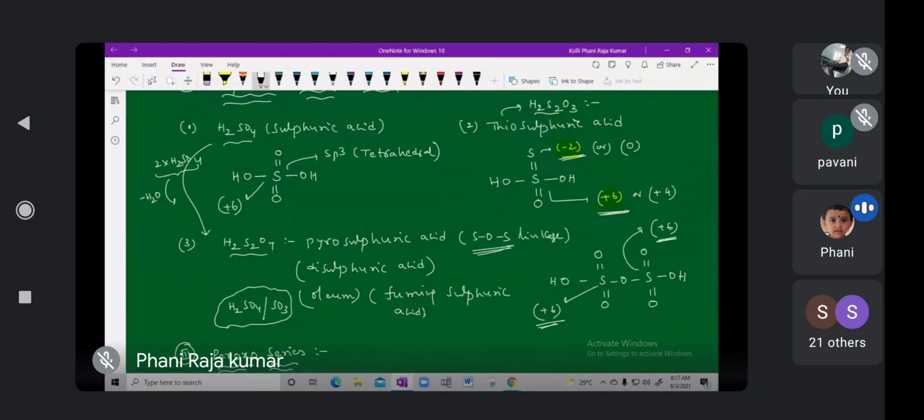In the previous case, in all cases, central sulfur atom undergoes sp3 hybridization. And central sulfur atom is tetrahedral only. No lone pair in central atom. That's why in these three oxoacids of sulfur, no pyramidal sulfur. All central sulfur atoms are tetrahedral.